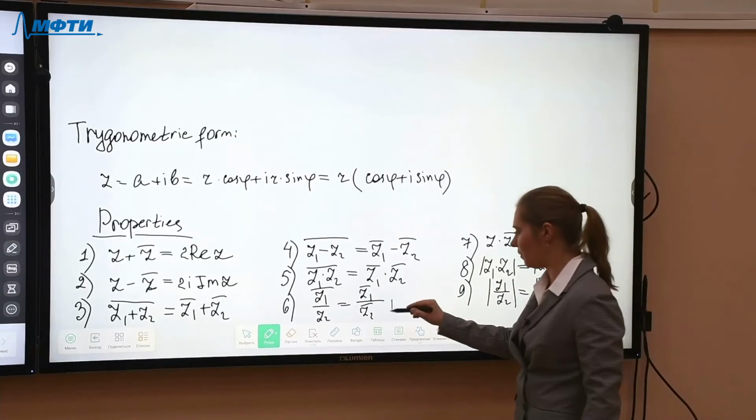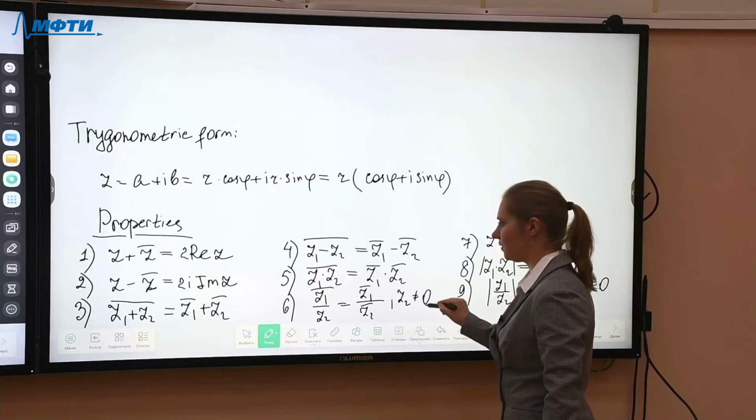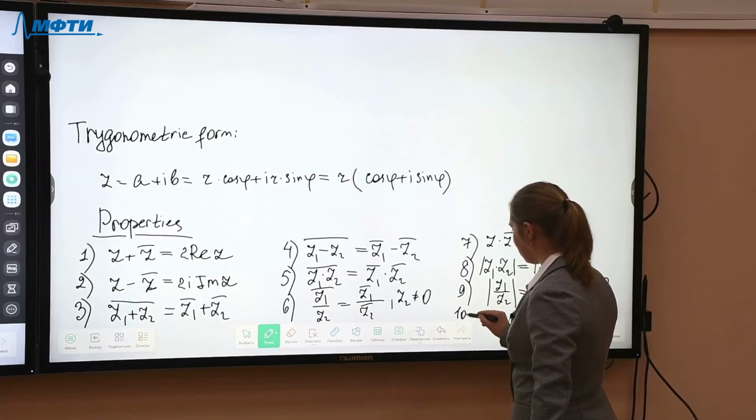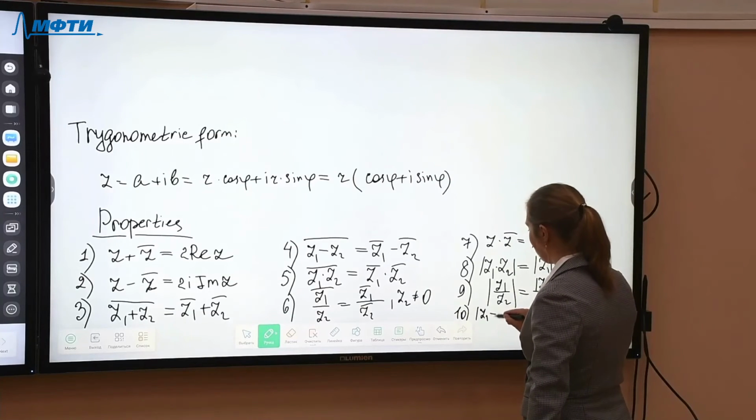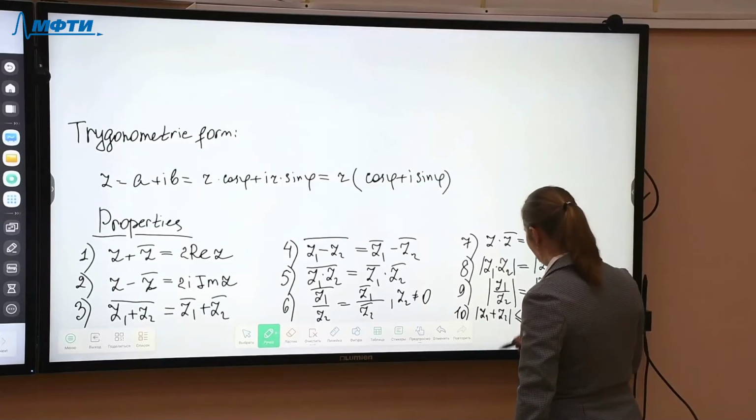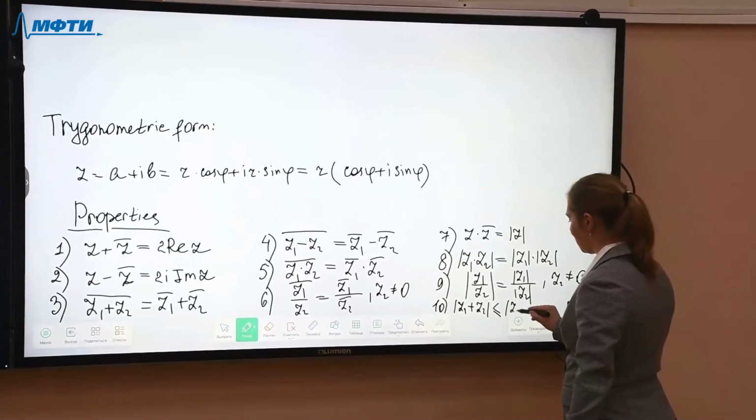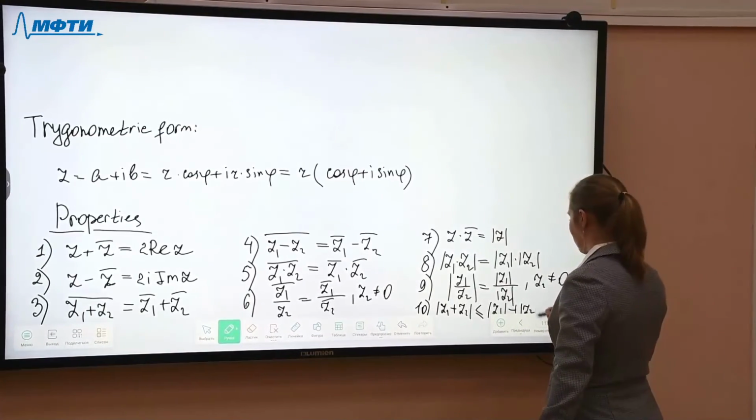Here also, by the way. And finally, the so-called triangle inequality, that the modulus of a sum is less than or equal to the sum of two moduli.